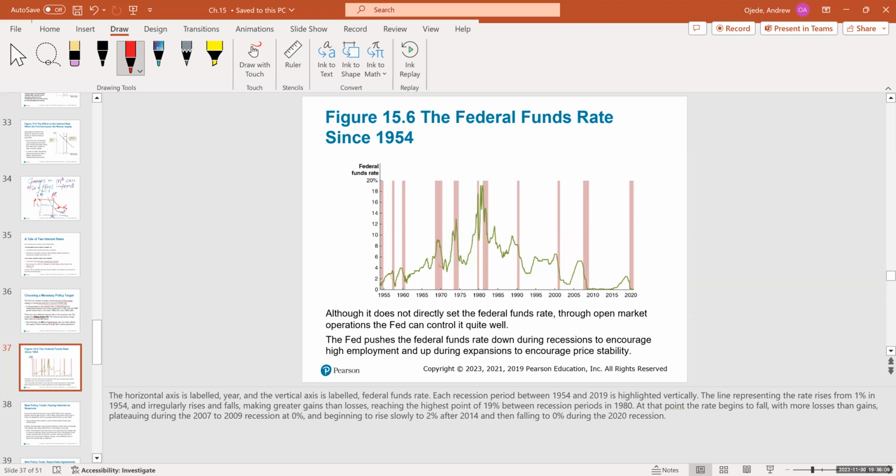But in between any two pole-looking lines are the times when the economy is growing. When the economy is growing, there are risks to inflation. Inflation tends to be a problem. So the Fed tends to raise interest rates during normal times when the economy is strong, but will lower interest rates during recessions.